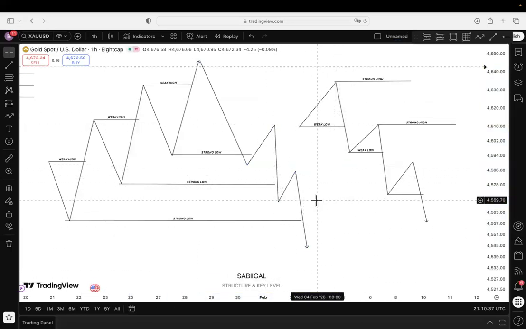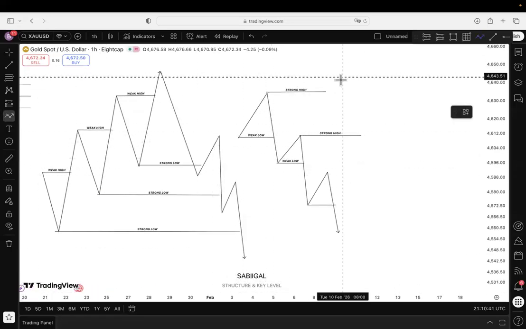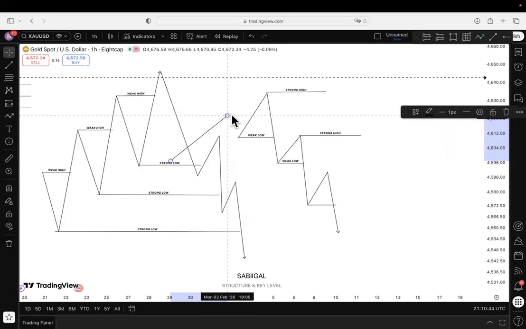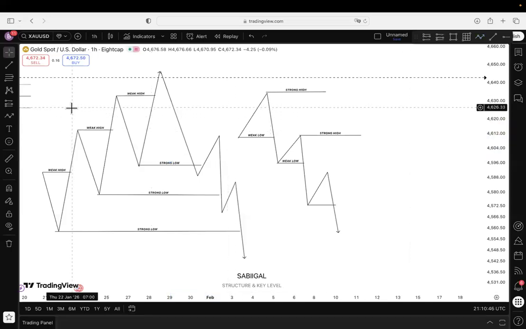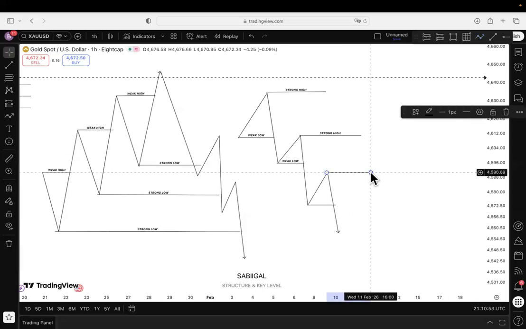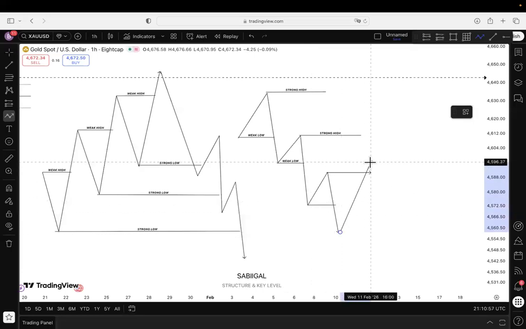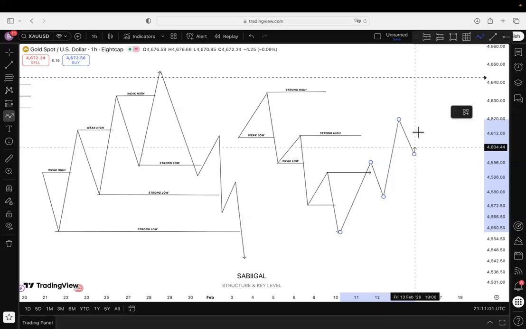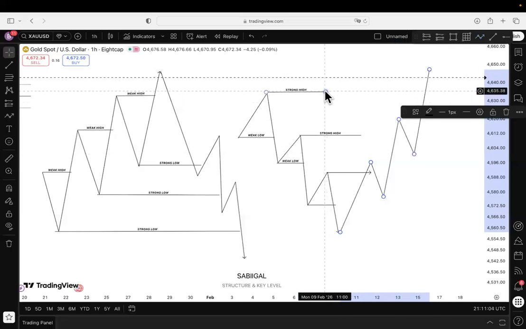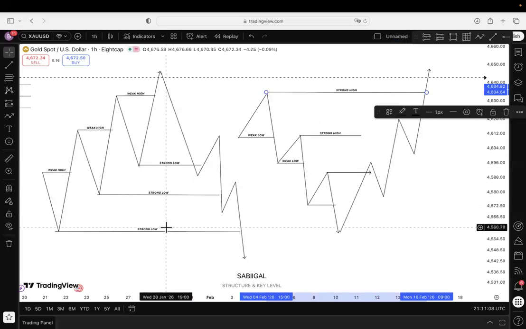That is for sells, rather, because this one is for buys. Now for sells as well, when one strong high gets taken out, there's a strong high here, let me mark it. When one strong high gets taken out in the basic, it's said that all other strong highs should get taken out. They call it a change of character.